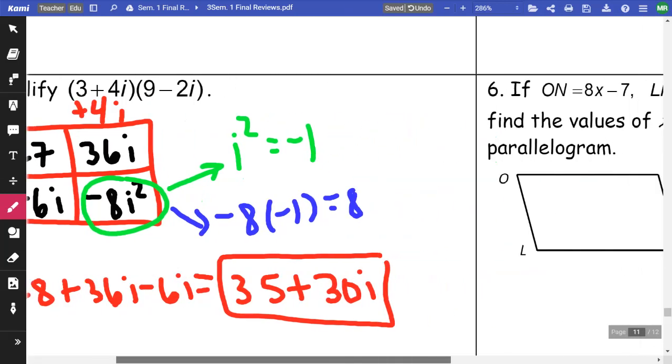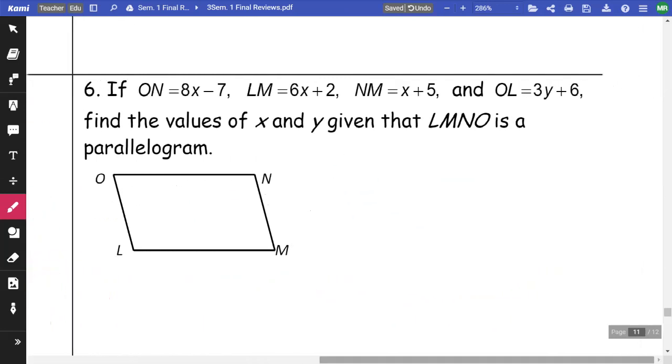On number 6, okay, so I have a parallelogram, and I know ON is 8x minus 7, LM is 6x plus 2, NM is x plus 5, OL is 3y plus 6, and we want to find the values of these.